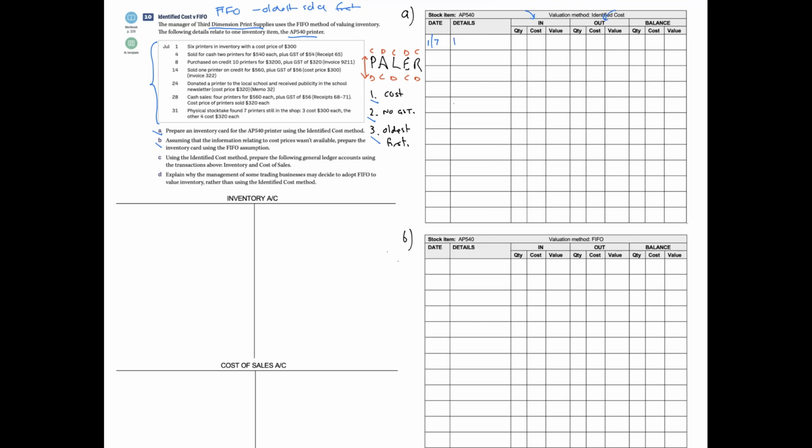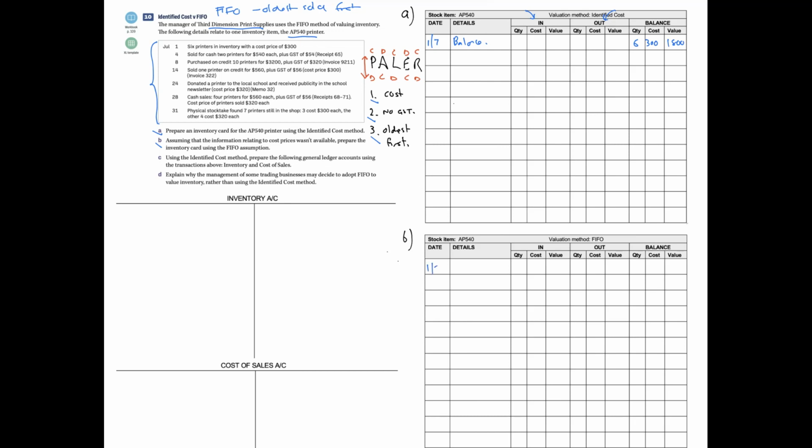You might notice there is no source document here, and that's because we're recording the balance. This transaction doesn't involve more or less inventory coming into our business, so we don't include it in the in or out column, but we just say we are starting with 6 that cost us $300, and hence we have $1,800 of inventory.